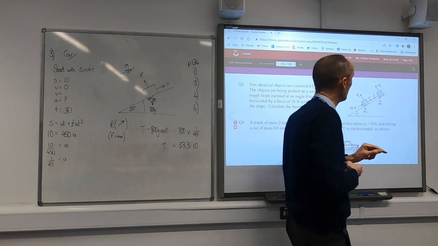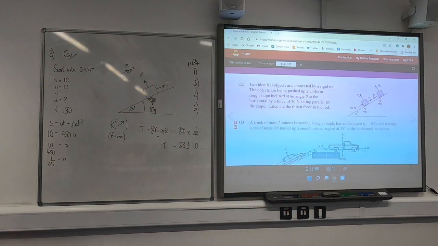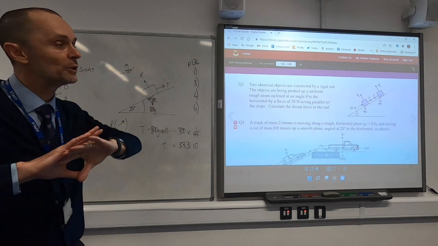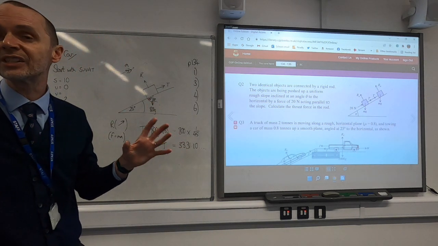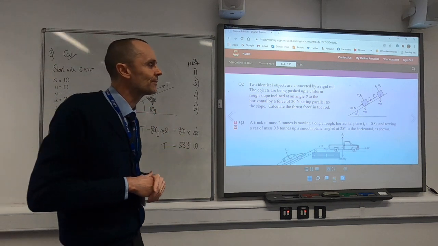So for example, you've got a couple of blocks here connected, and sometimes in questions like this you need to consider the separate elements like we've been doing for the two earlier questions, and sometimes you throw a blanket over and deal with it as a single particle or a single weight.